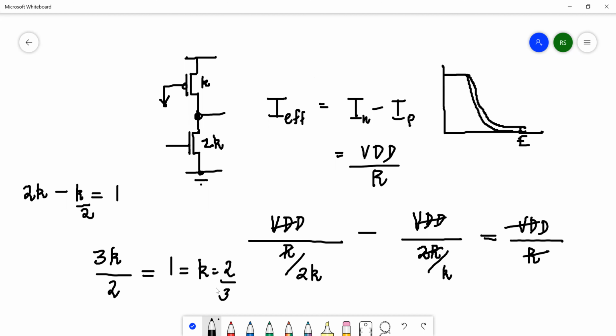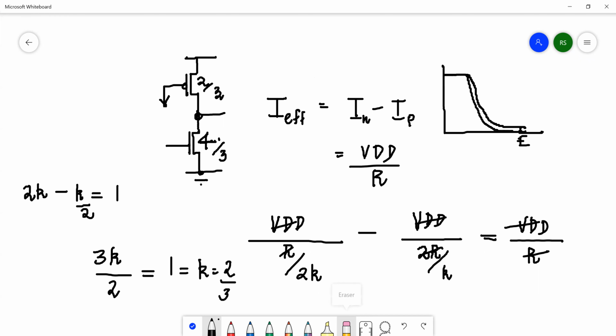And this is the size that we put for the NMOS and PMOS. 2K for the NMOS, which means this will be 4 by 3. 2K is 4 by 3, and K is 2 by 3. And this will give us both speed and good value for VOL. Okay, so this is the sizing way for pseudo NMOS gate.